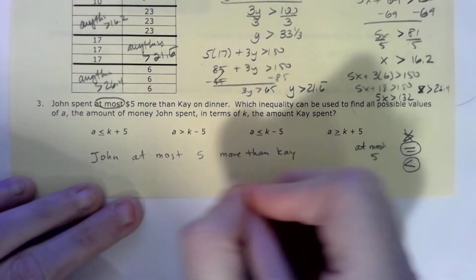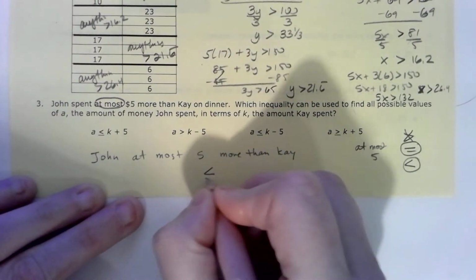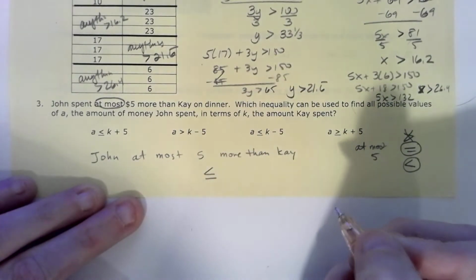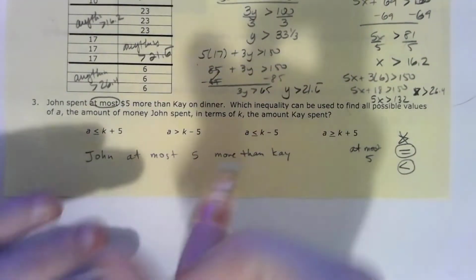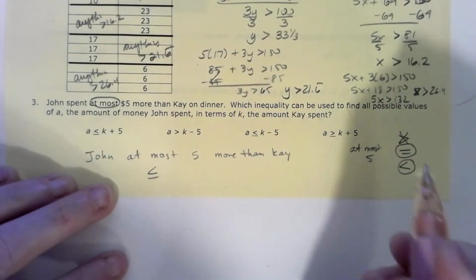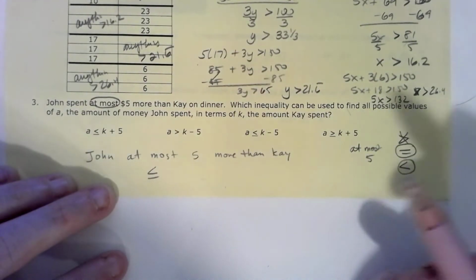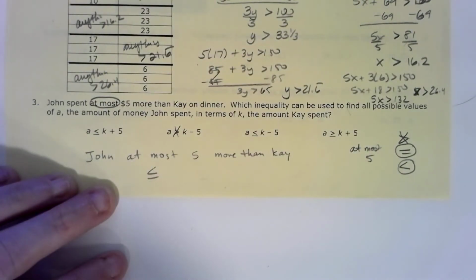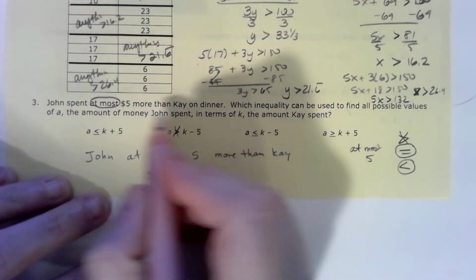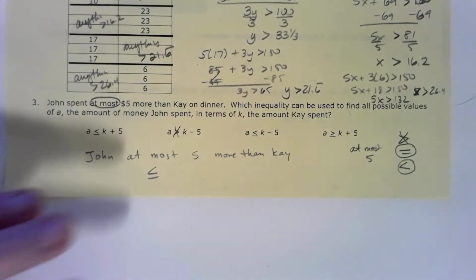So I could be less than or equal to. Now, I know it can't be this one because it's got the wrong sign. Okay, so I know that, and it says A is John.